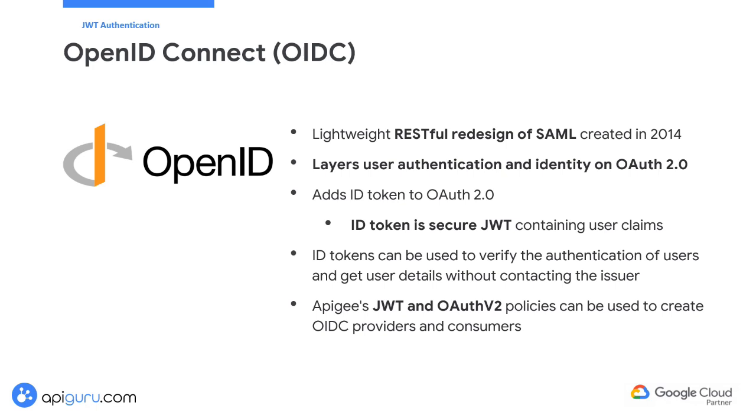An ID token can then verify the bearer's identity and obtain user details without contacting the IDP that issued the token. OIDC is typically preferred over SAML for mobile applications or systems already using OAuth 2.0. Apigee's OAuth v2 and JWT policies can create OIDC providers and consumers.